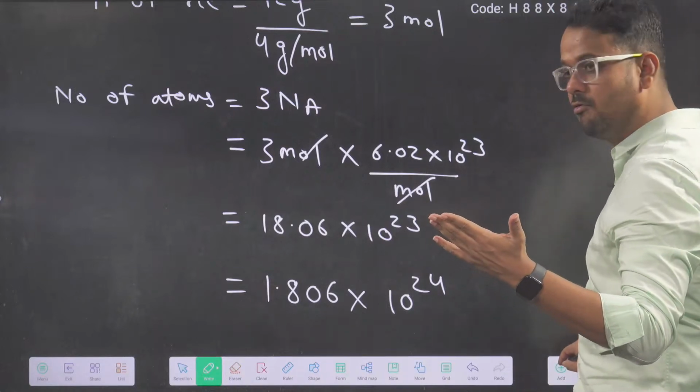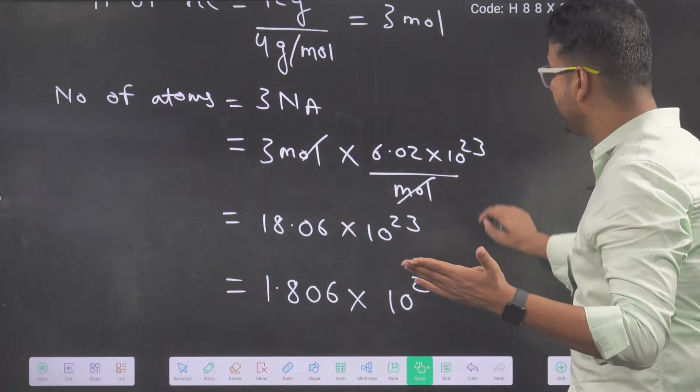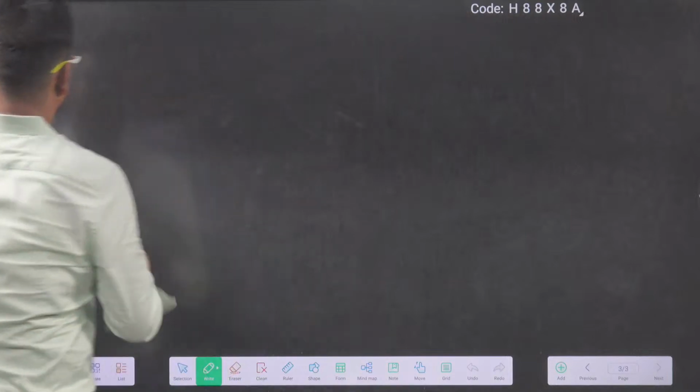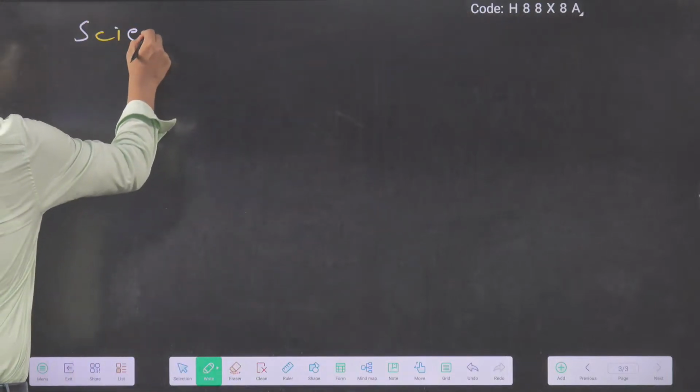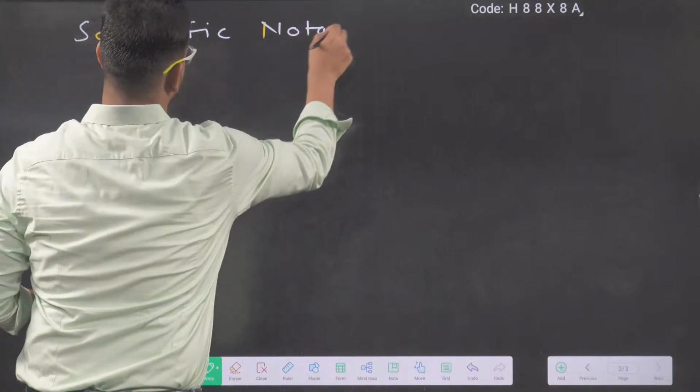Okay. So now, very quickly, in the middle of this problem, I will teach you a small thing about scientific notation. That is also important for us to understand. Scientific notation is not related to chemistry, it is a bit of maths, but you should know a little bit about it.